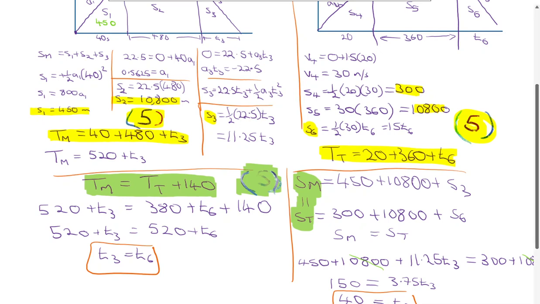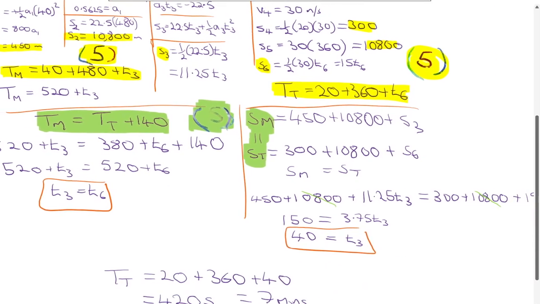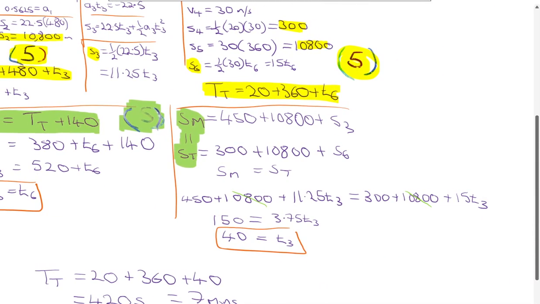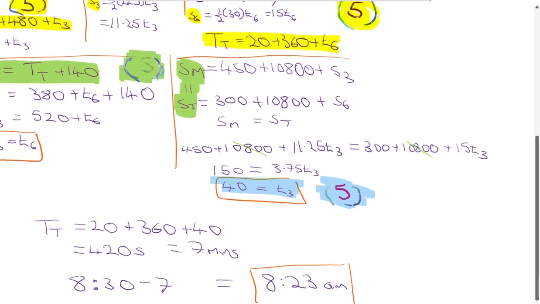Then you got 5 marks for our answer here. So 5 marks for T3 equals 40. And then 5 marks for getting the time itself, which seems insane because once you get to 7 minutes, you really should be getting that for free.